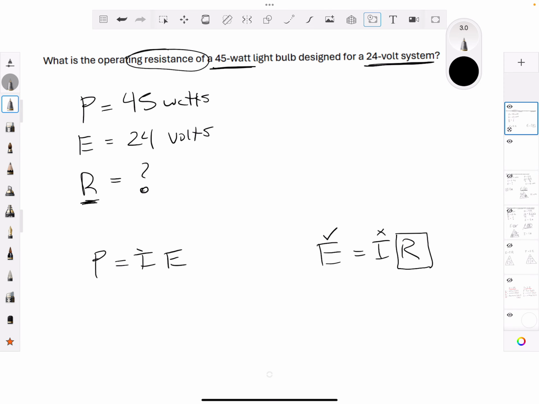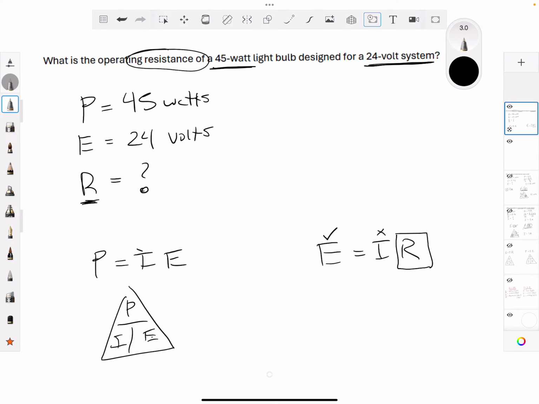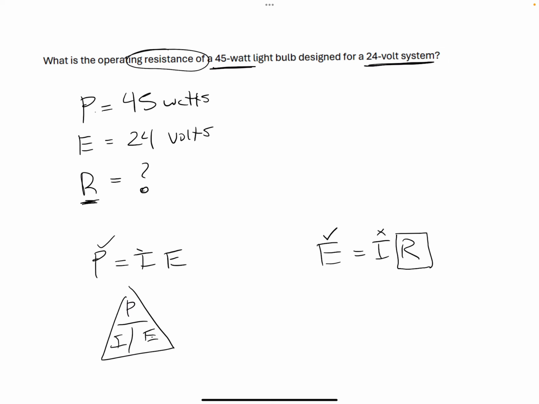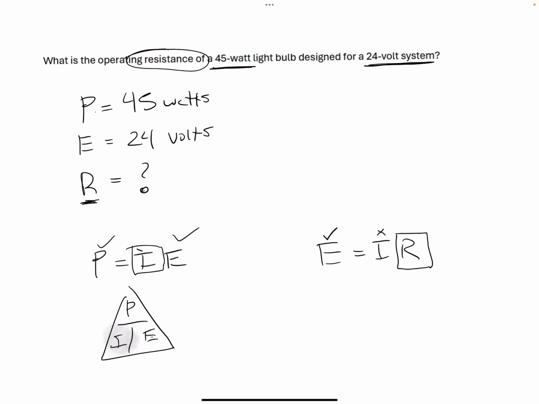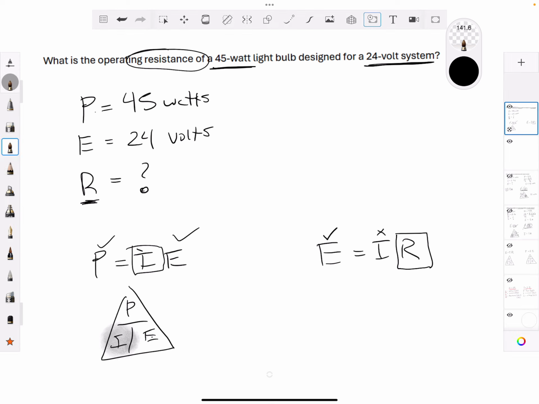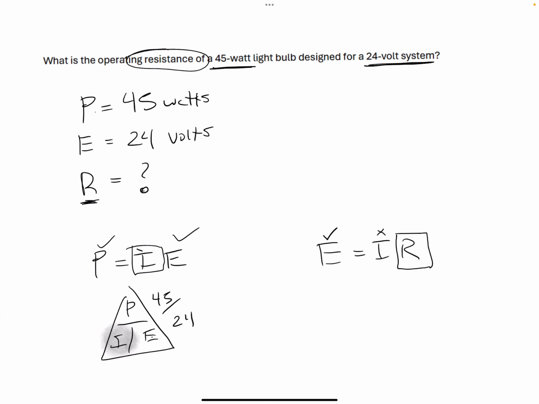So right here, if I'm going to use my triangle method, I've got PIE. I do have the power and I have the voltage, so I can solve for my current. Again, I'd cover up the current. I do power, which is 45 watts, divided by 24 volts.